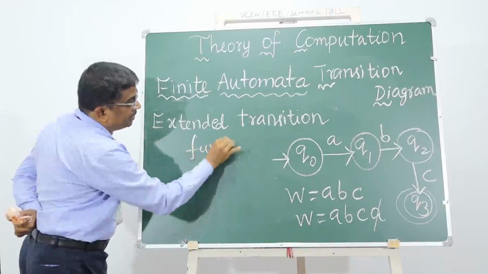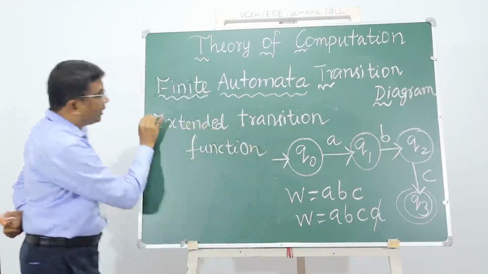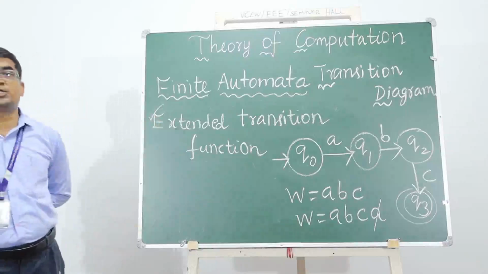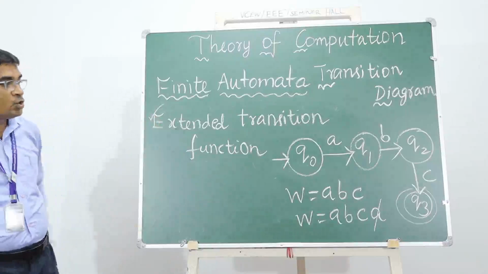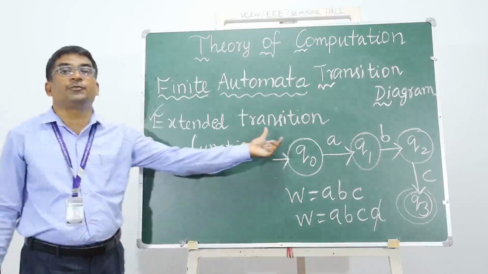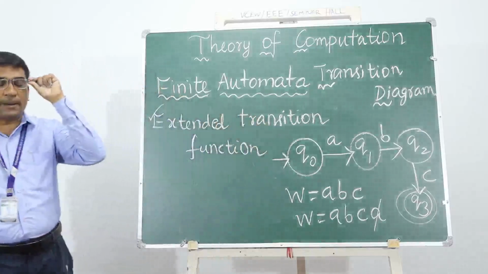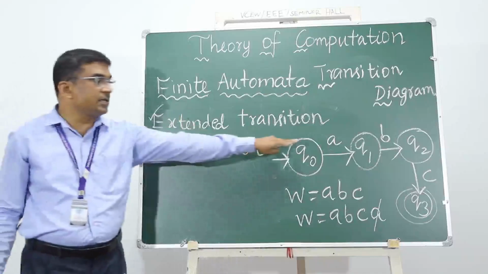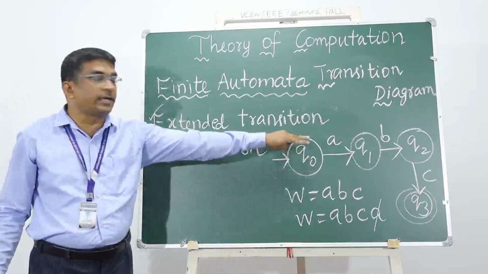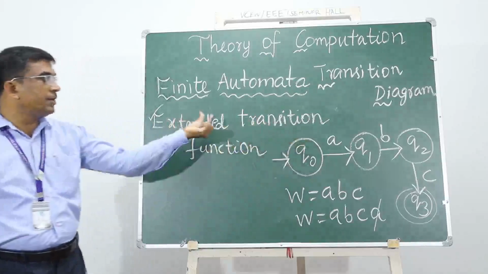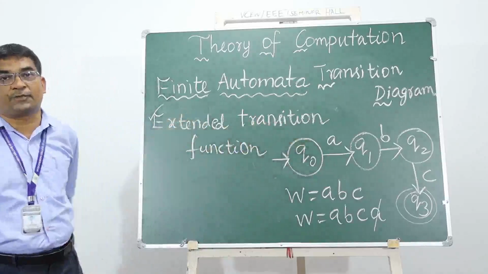What is the meaning of extended transition function? We have a transition function with a flow of execution. If the transition function is extended with one more execution, then we use the extended transition function.